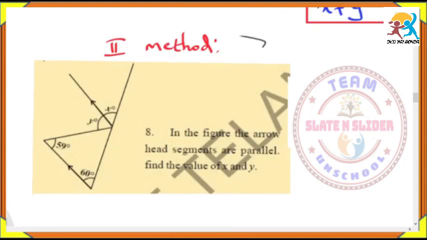In the figure, arrowhead segments are parallel. Find the value of x and y. This is the figure. So we will name it A, B, C, D, and this is E.